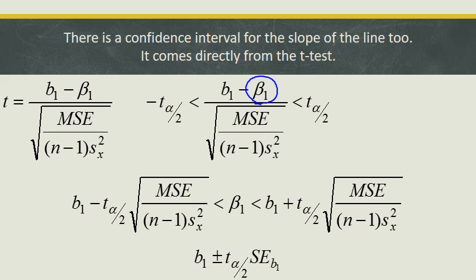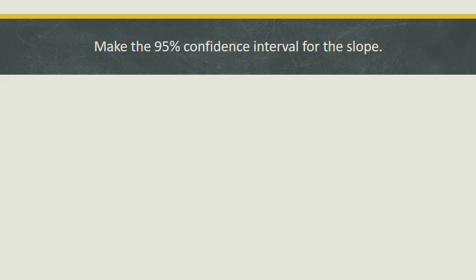The best fit line slope is the center of the interval, and the half width is the t-value times the standard error of the slope, which I have abbreviated as SE. Let's find the 95% confidence interval for the slope.